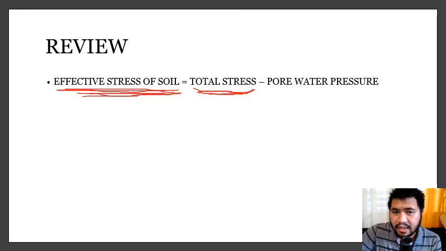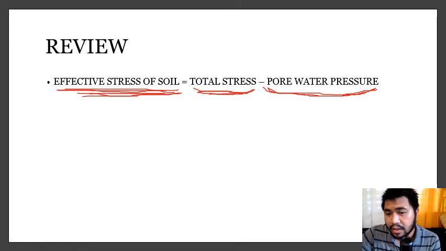Effective stress also factors in the pore water pressure, and pore water pressure is a function of how high the water table is. Another factor is whether the subsurface is being confined. The more confinement you have, the higher the pore pressure you get.